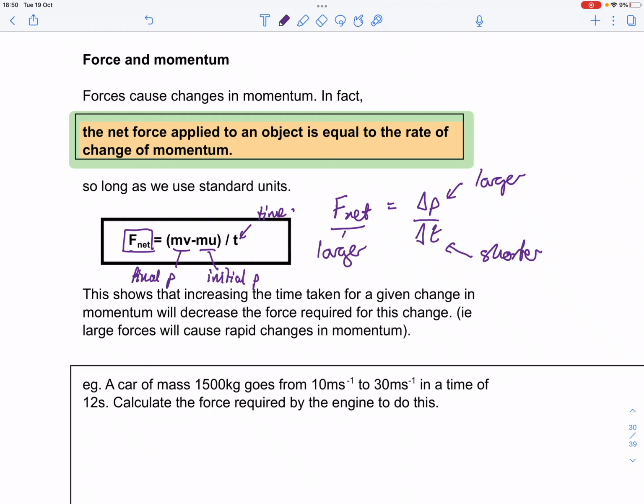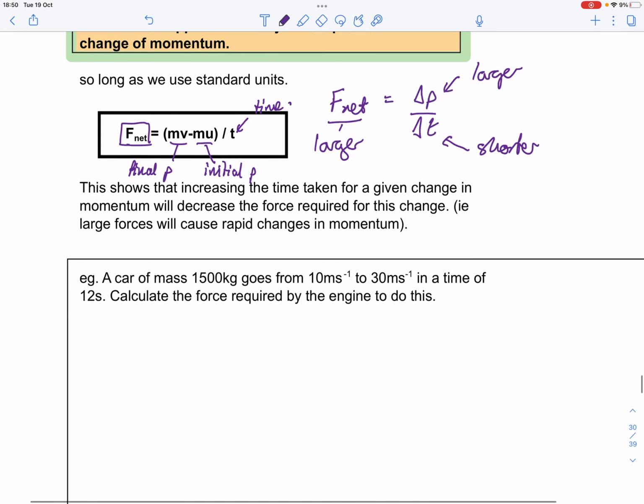So that's how that equation works, that's how it gets put together, and obviously because momentum is mass times velocity, the larger the mass of the object, the larger the net force required to make a change in momentum, etc.